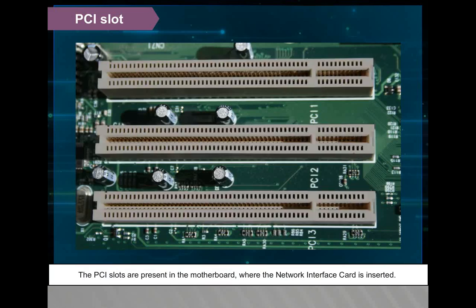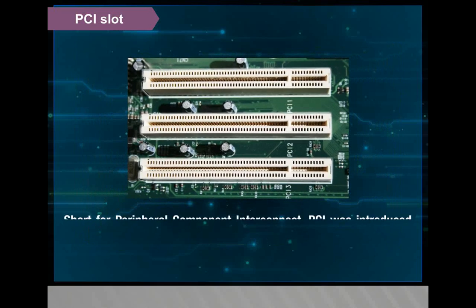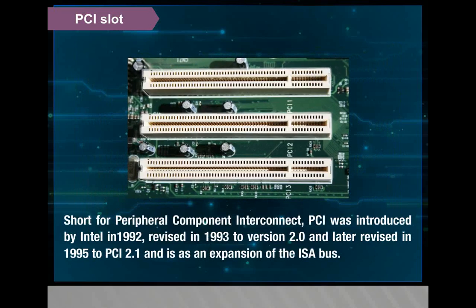PCI slot. The PCI slots are present in the motherboard where the network interface card is inserted. Short for Peripheral Component Interconnect, PCI was introduced by Intel in 1992, revised in 1993 to version 2.0, and later revised in 1995 to PCI 2.1, and is an expansion of the ISA bus.